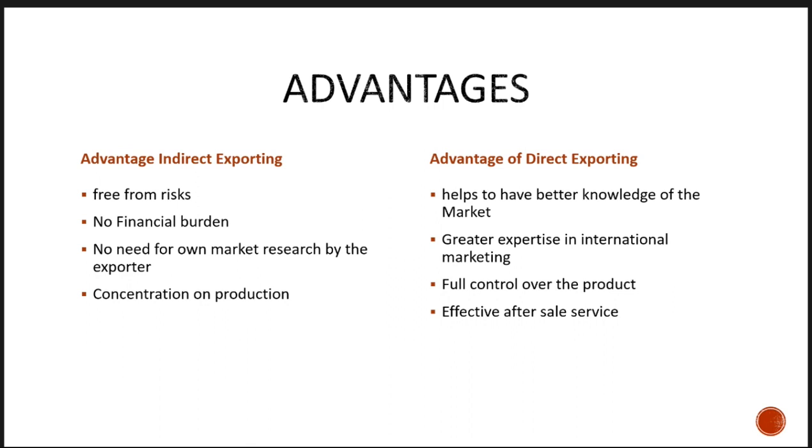For example, in technology, like Apple, when we buy an Apple phone, we may need some guidance from customer service, and by selling our product directly, we can give a better customer service experience because we are the ones who sell the product. We are the ones who know the product better. So you have effective after-sales service.